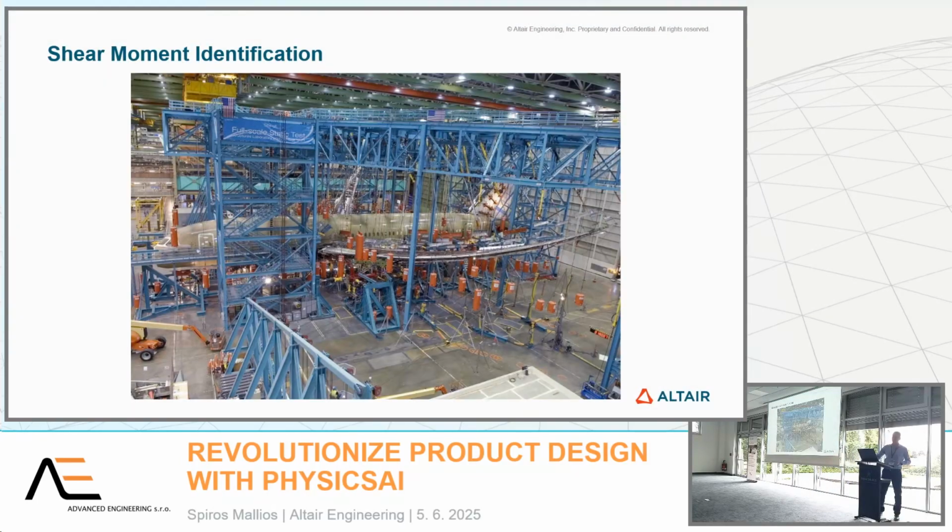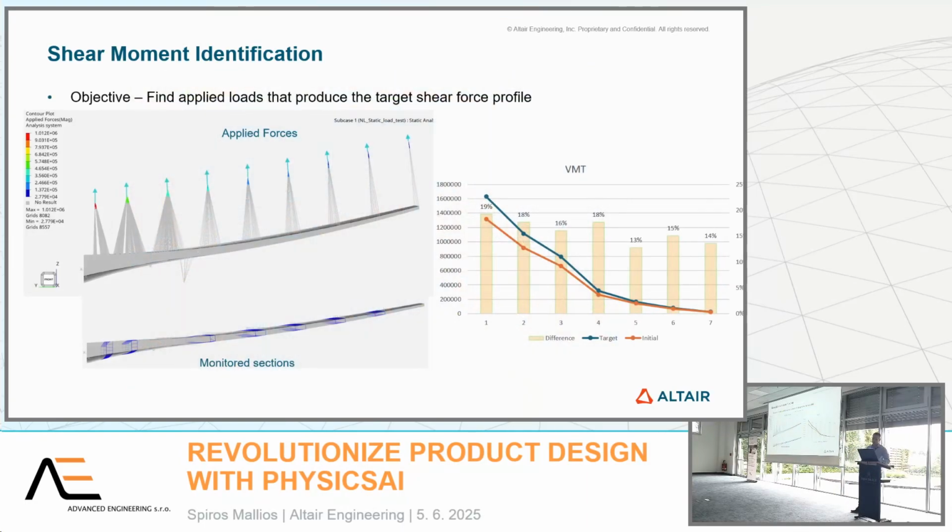All right, so let's see a nice example here. This is actually from a white paper that we did. It's available online. You can read the full white paper in detail. This comes from the aerospace industry. One of the most common needs in the aerospace industry is to validate your FEA model, your design, based on some test that you've done on the actual constructed plane.